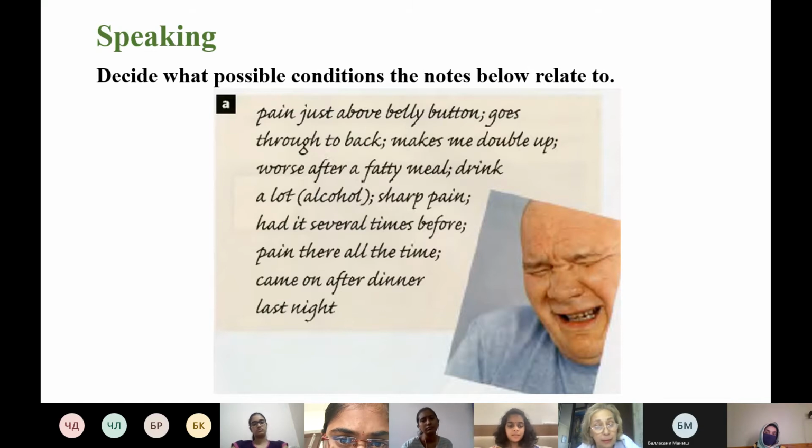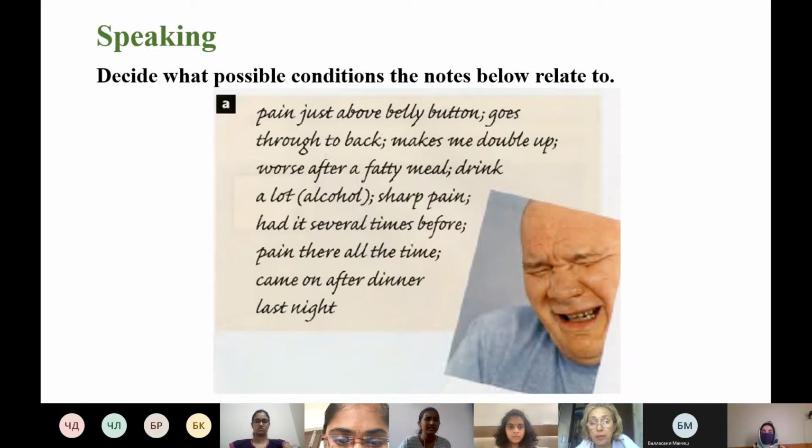Maybe poisoning. Yes. What is it? Poisoning. Okay. Digestion. How damage liver? Any more ideas? Blood alcohol. After dinner. Indigestion.